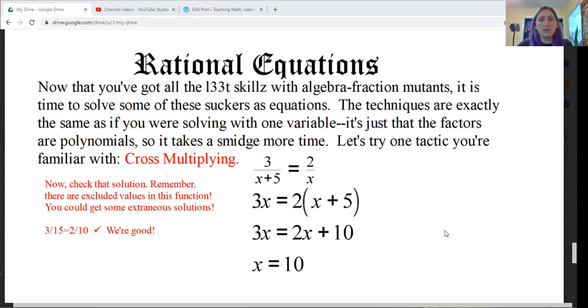So let's start with a familiar one, cross multiplying, okay? You've probably solved an equation like this before. This is very early algebra 1, even pre-algebra stuff. You cross multiply, right? You multiply these and you multiply these and suddenly you get this. 3 times x is 3x.